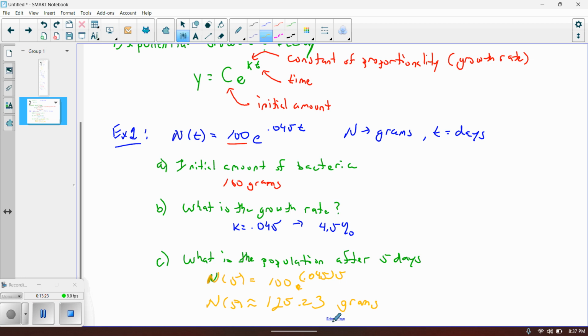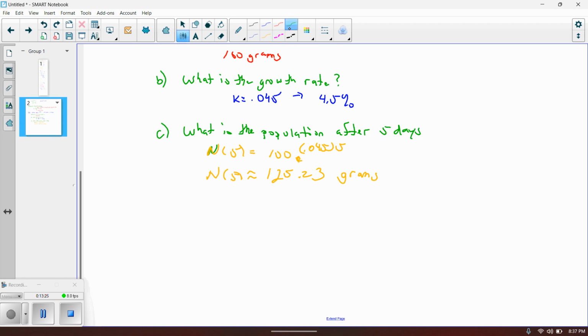Part D is going to ask us, how long will it take for the population to reach 140 grams?